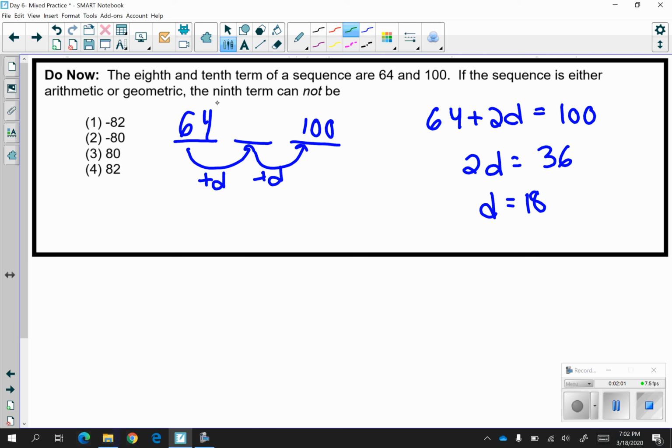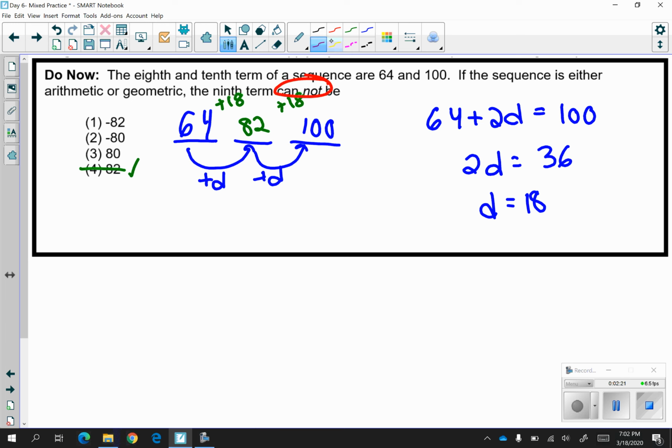So I'm going to take 64, add 18, and that's going to give me 82. Add another 18 just to make sure you're correct, and you get 100. So we know 82 works, which means it is definitely not the answer because we're looking for what doesn't work.